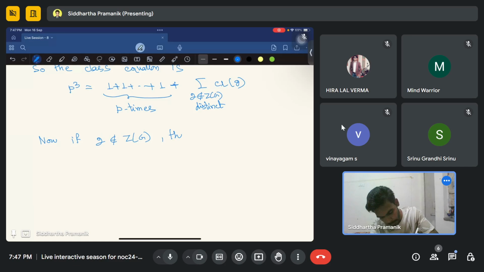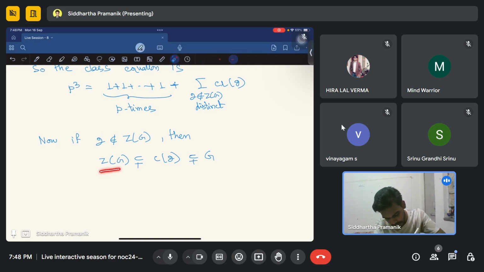Now the centralizer of g: Z(G) must be a proper subset of the centralizer of g, and it must be a proper subset of G, right? Because every element in the center commutes with g, this subset holds, and the centralizer is a subgroup of G.